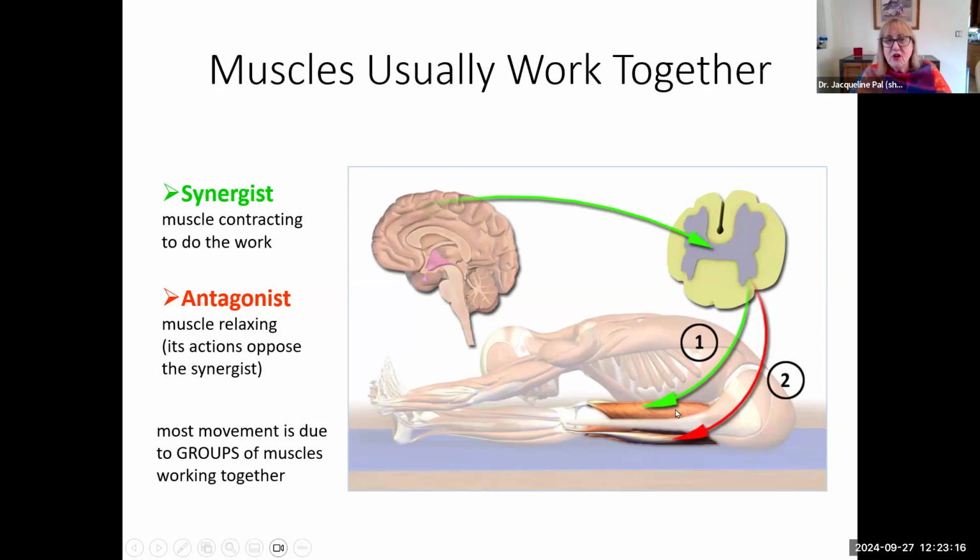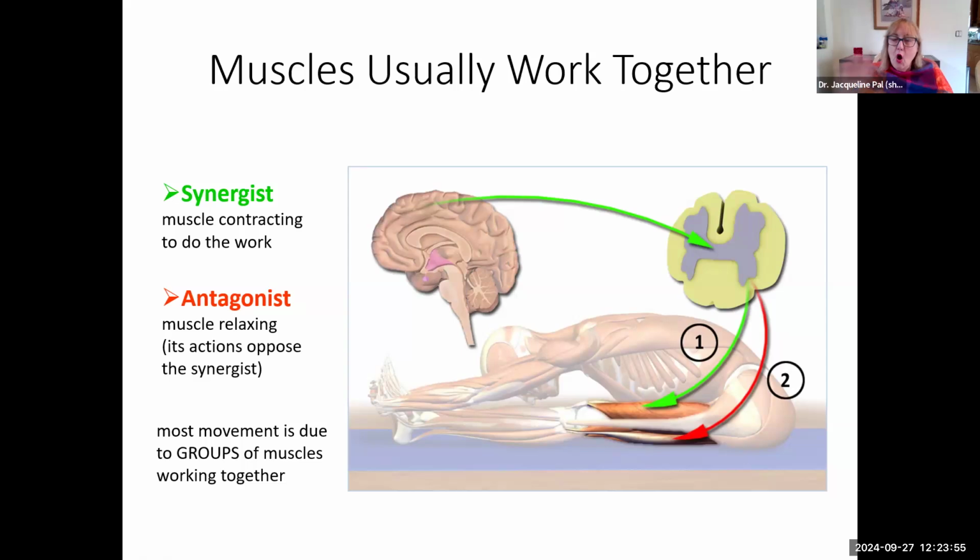So in this picture, your quadriceps are all working together as synergists. Your hamstrings in your posterior thigh, when they contract, they flex your knee. So in this picture, they are antagonists. They are relaxing because the knee is extended. Their action, knee flexion, opposes the synergist, the quadriceps, whose action is knee extension.